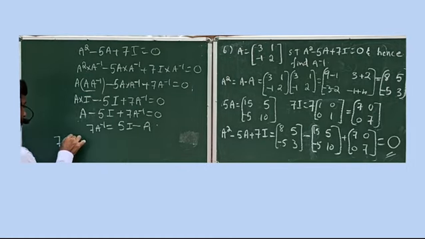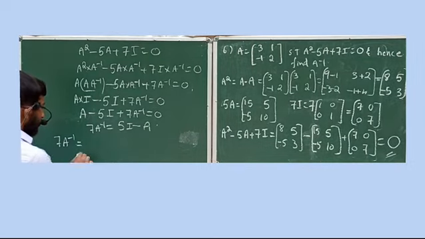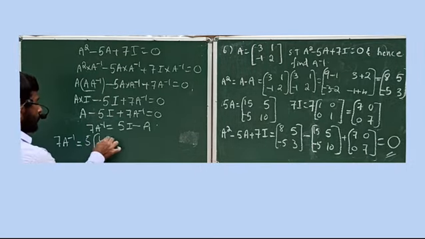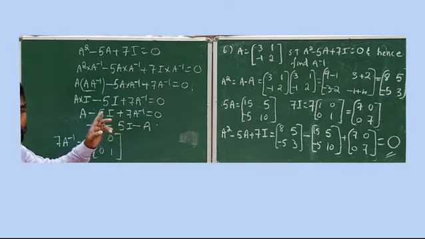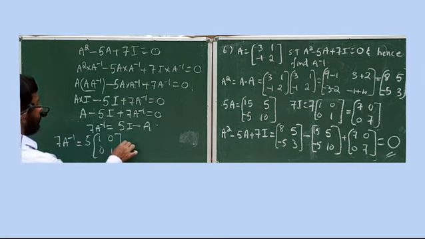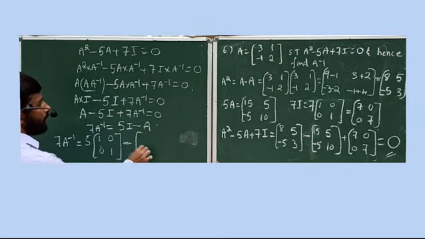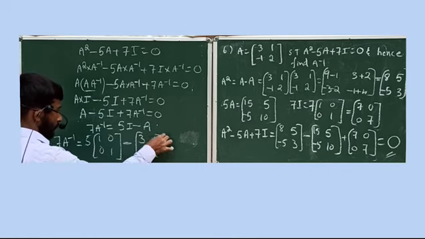7A inverse is equal to, what is 5I? That is 5 into [1 0; 0 1], right? 5 into I means identity matrix, you need to see the order of A. Matrix A is of order 2, so you need to take the identity matrix of order 2. Minus, what is A? A is equal to [3 1; -1 2]. Okay.